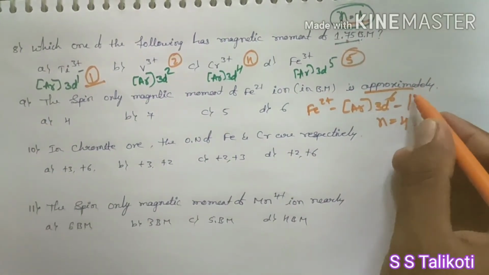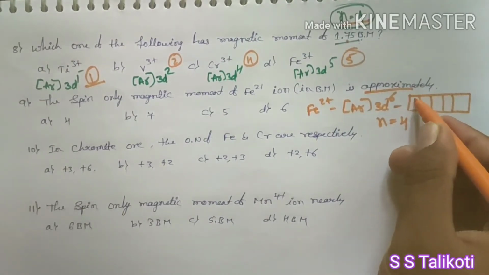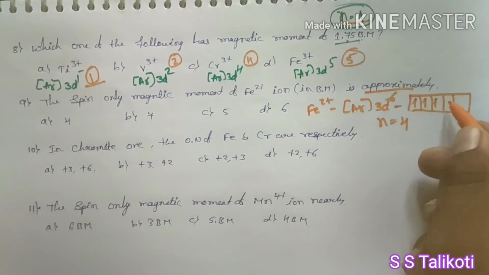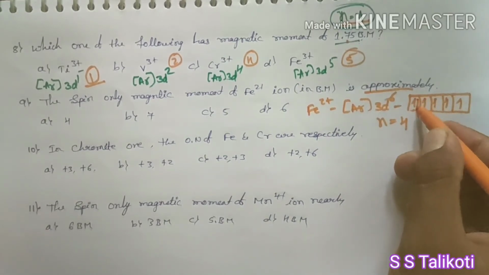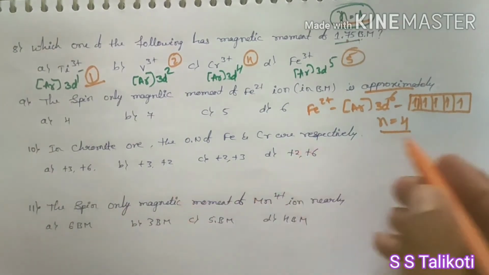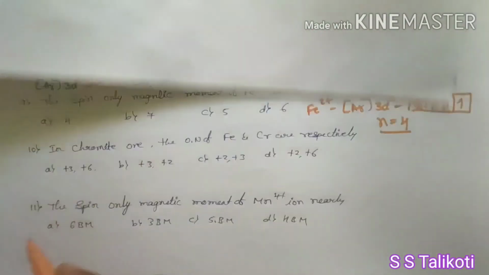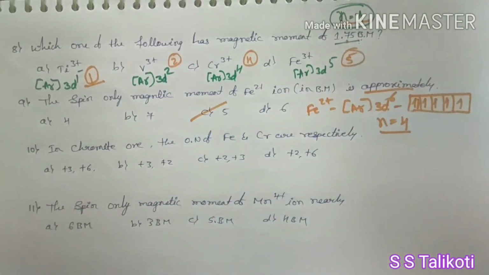If you are confused, go like this, the ideal method: number of unpaired electrons 1, 2, 3, 4, 5, and next one will be 6. So n equal to 4. If n equal to 4, as I just told, it is nearly equal to 5. Therefore the value will be 5 Bohr magneton.